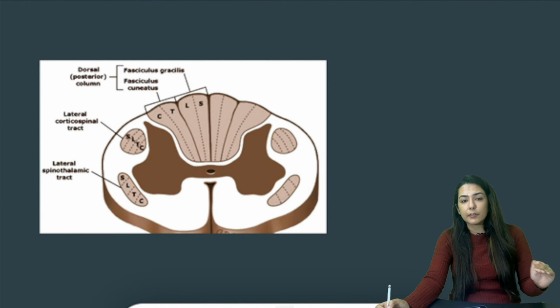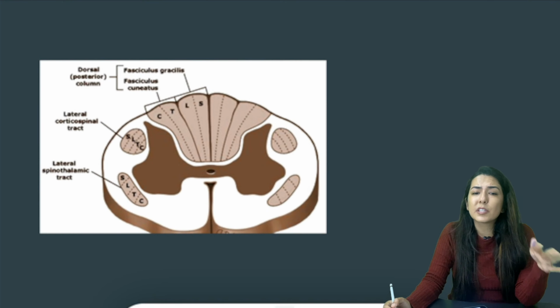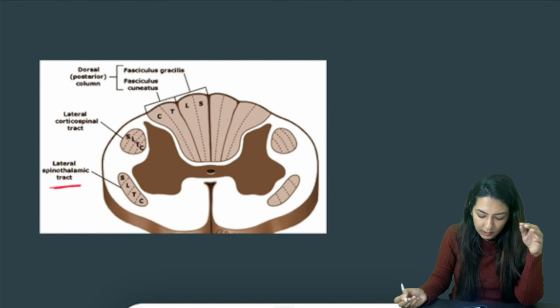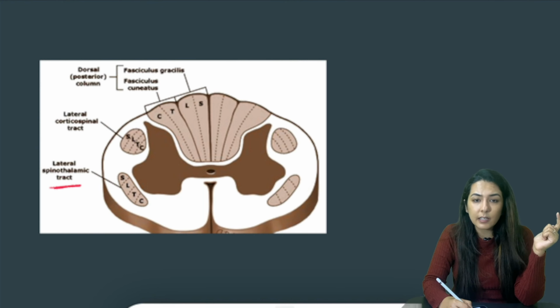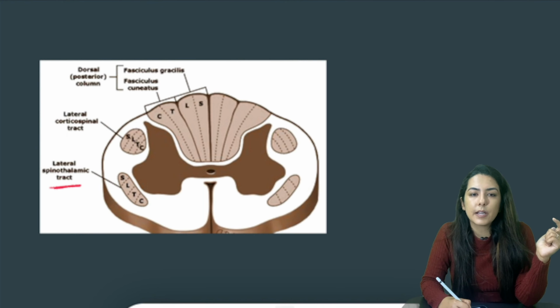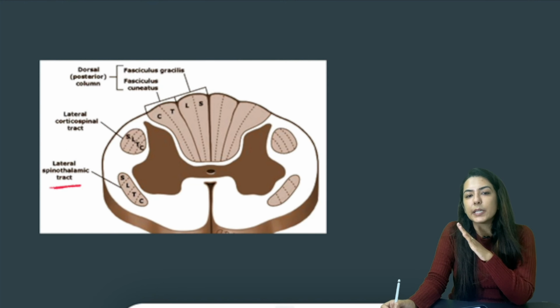Now this is a segment of the spinal cord, just to understand the topography of the tracts. This is the lateral spinothalamic tract. As you can see, SLTC means sacral, lumbar, thoracic and cervical fibers. Sacral is lateral and cervical is medial.